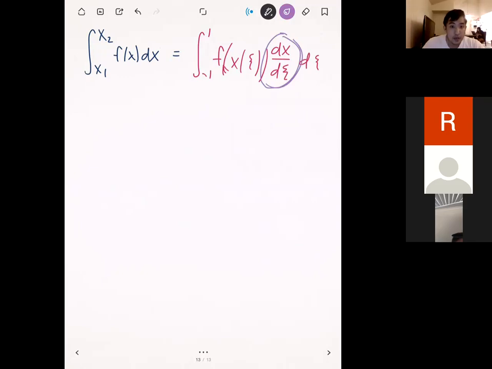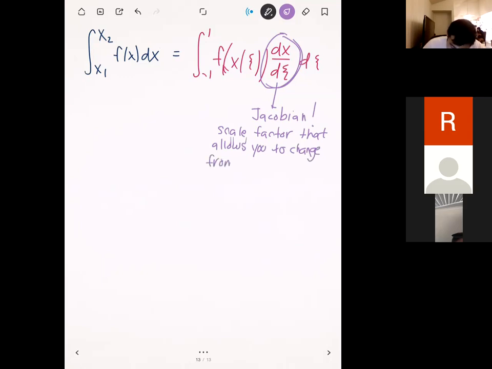This extra guy is called the Jacobian. You can think of the Jacobian as a scale factor that allows you to perform a change of coordinates, because we're performing a drastic change here.